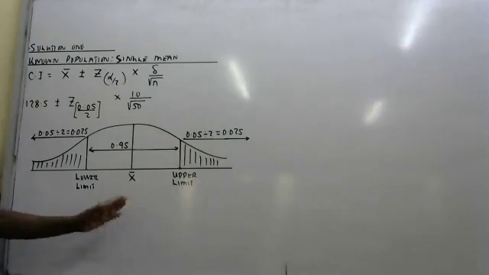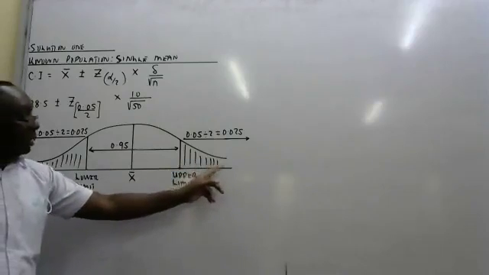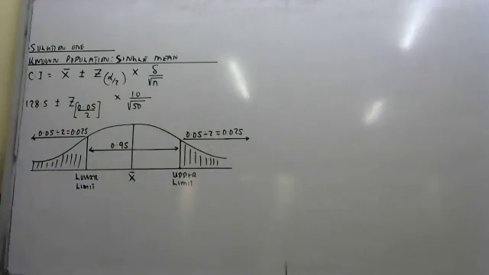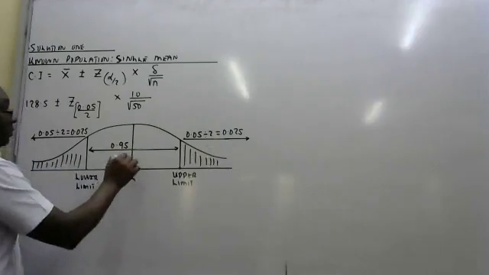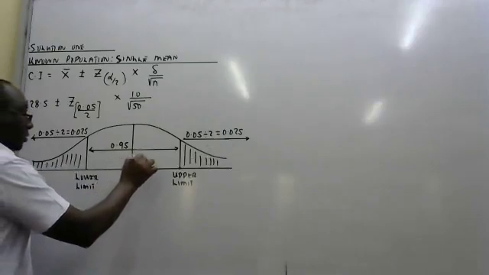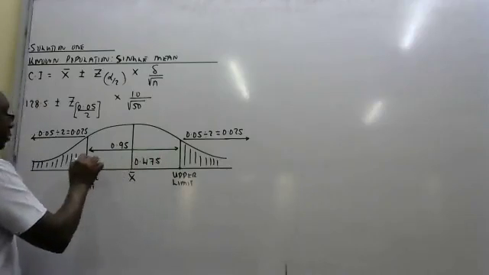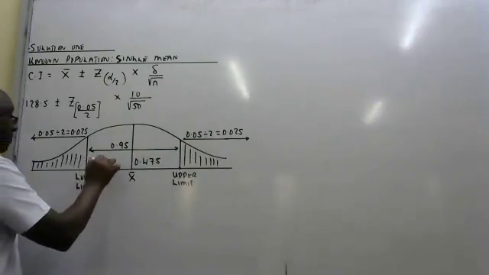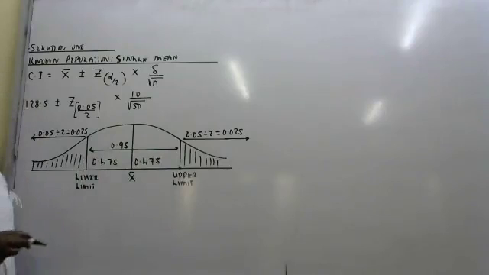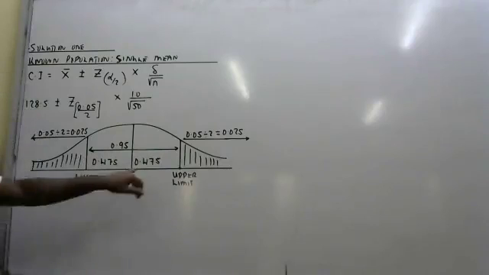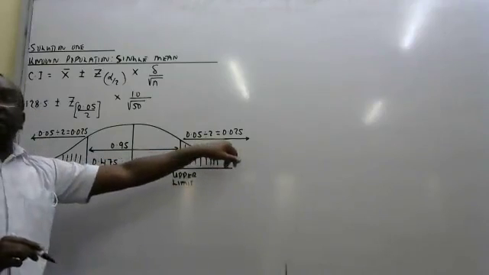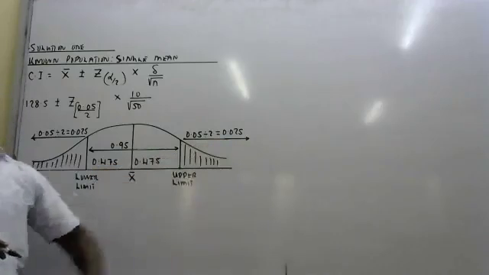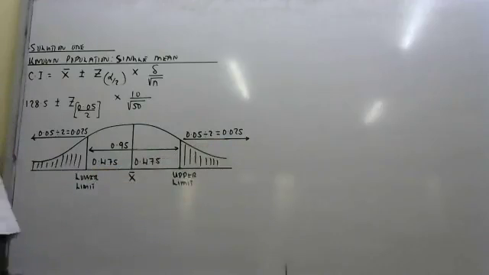Yes. So how you are getting this proportion here is 0.05 divided by 2, so this one then must be 0.475. And this one also must be 0.475, so that this plus this will give us 0.5. If you remember your normal distribution.